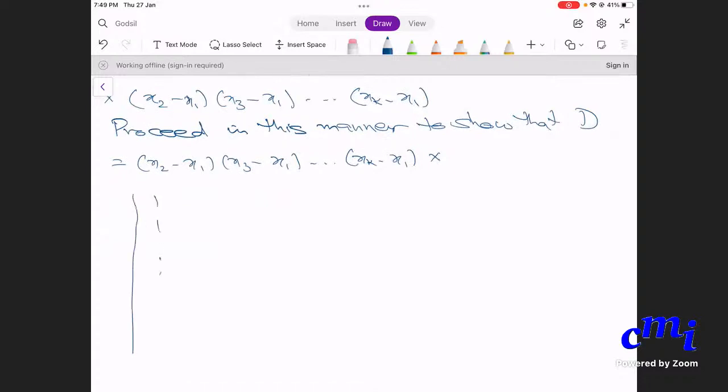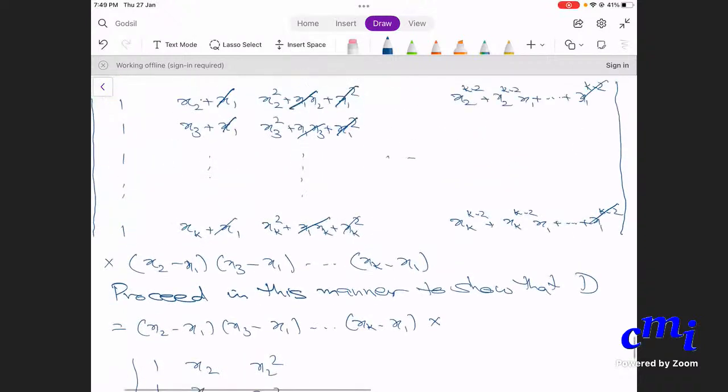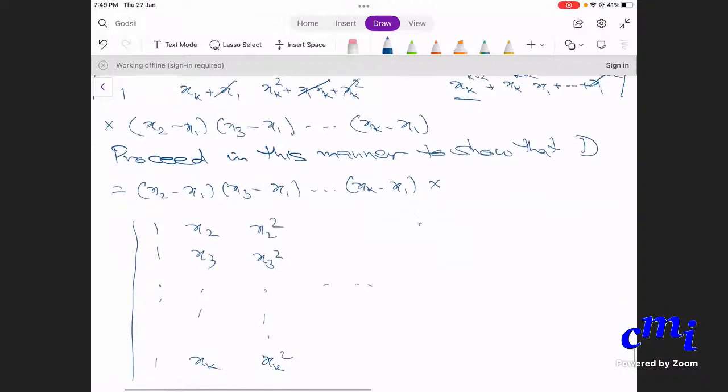You just get 1, 1, 1, 1; x2, x3 up to xk; x2 squared, x3 squared up to xk squared; up to the last one, only these will be left, all the others would have gone: x2 to the k minus 2, x3 to the k minus 2, up to xk to the k minus 2.